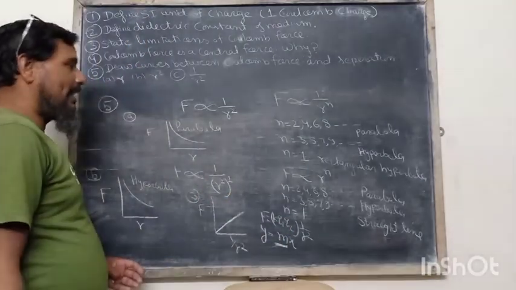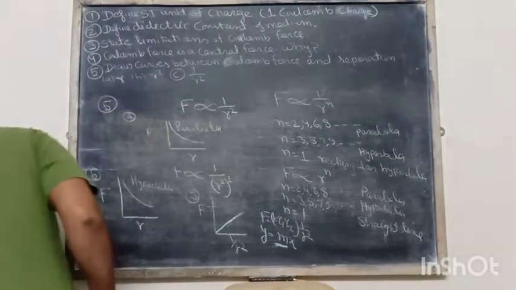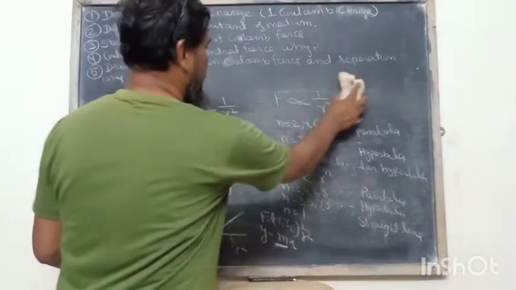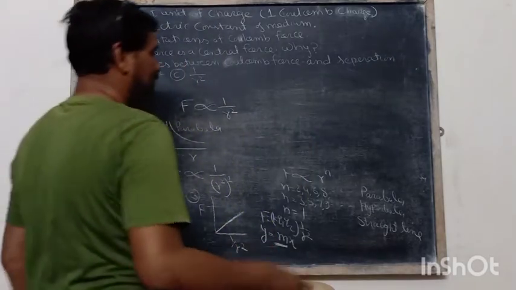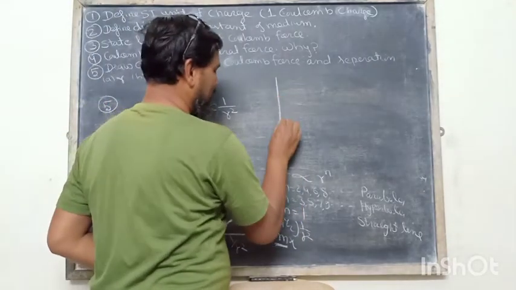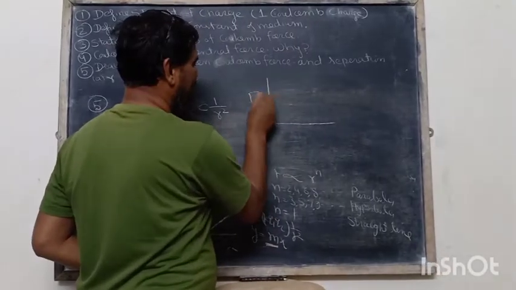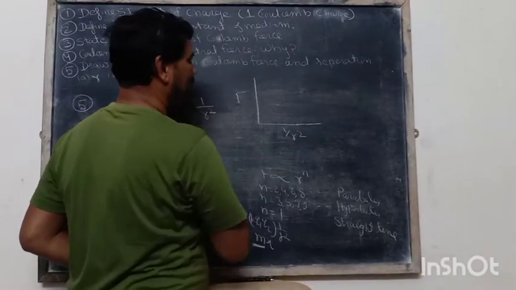So if we have to draw the curve, we have to draw it for different sets of charges and different conditions. First of all, we draw F and 1 upon R square.